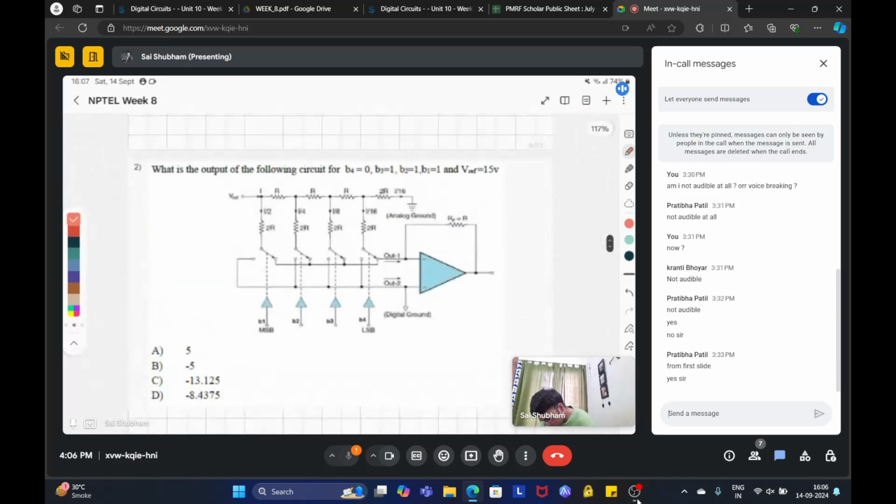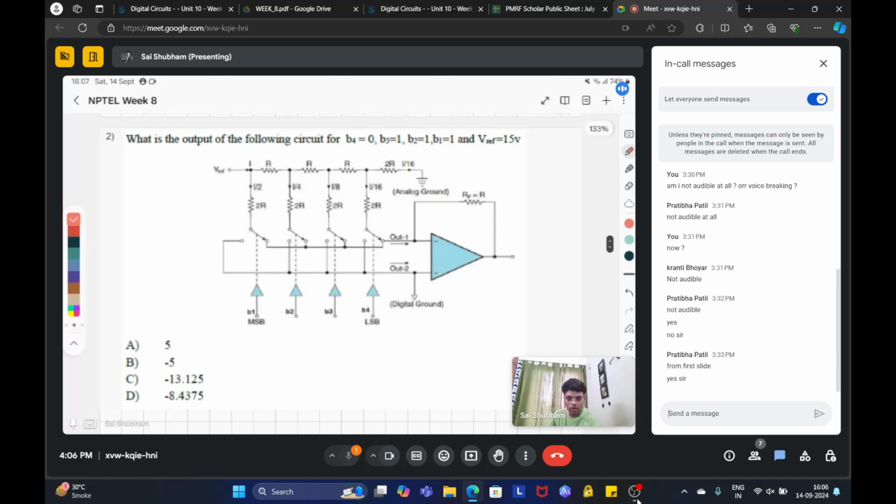So moving on to the next question. This is similar to the previous question. I hope you can all do it. So I will give you 5 minutes to solve this question.